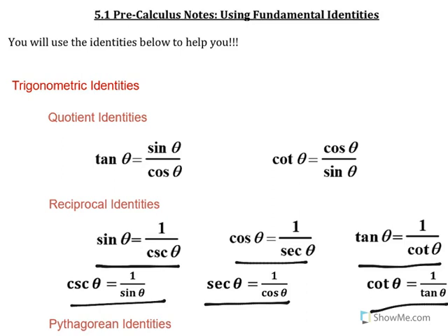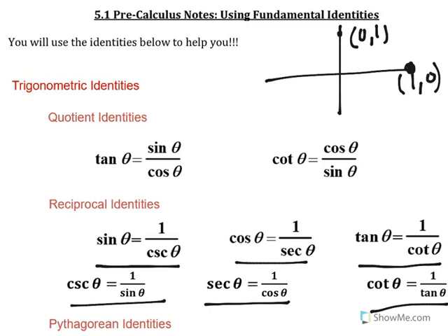We also learned in the last chapter that when we had to use the unit circle points, and those points were at 0 degrees, (1, 0), (0, 1), (negative 1, 0), and (0, negative 1), that we had to treat sine as y and cosine as x.